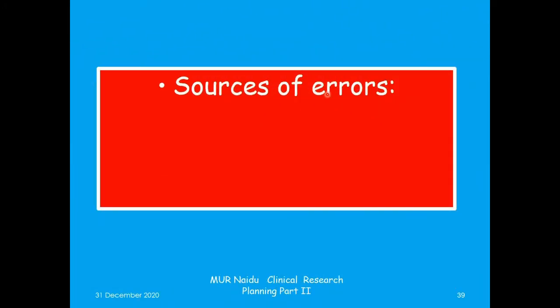These are the three main sources of error. First is the participant. They may not be regularly following the instructions or the method described to them during the clinical study, and then error will occur.